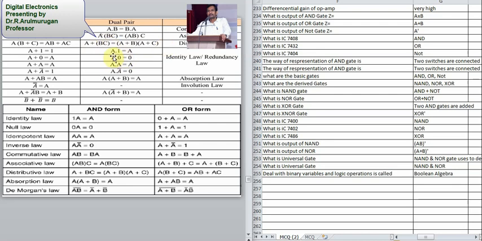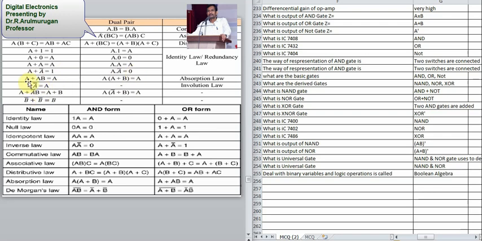A dot 1 is a, a dot 0 is 0, anything dot 0 is 0. Similarly a plus 0 is a, a plus 1 is 1. A into a is a. A plus a bar is 1, a into a bar is 0. If it is plus it means 1, if it is dot it means 0. A bar bar is equal to a.